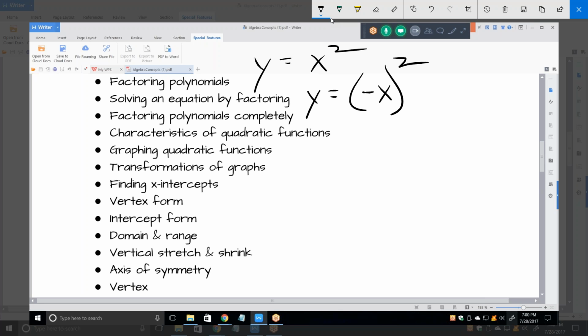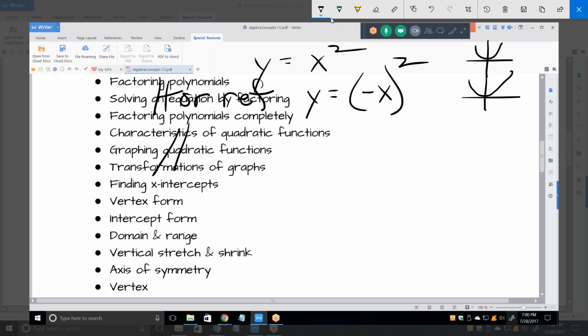That's a reflection, a horizontal reflection. But with this particular function, the horizontal reflection looks exactly like the original function. Doesn't change anything. So with this function, y equals x squared, the horizontal reflection looks exactly like the parent function.